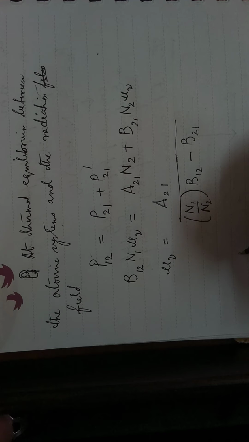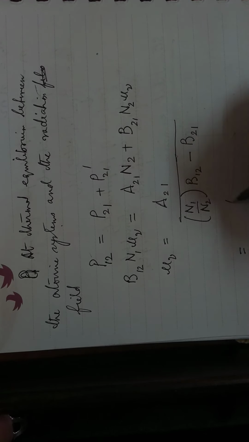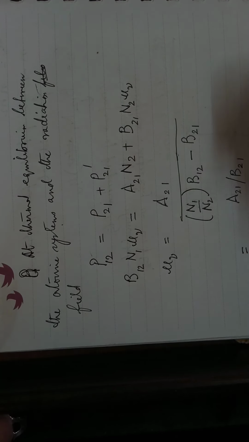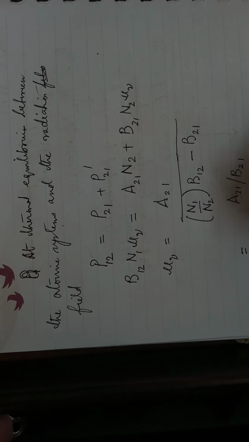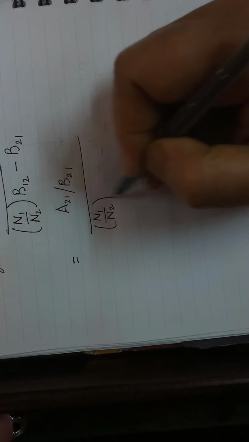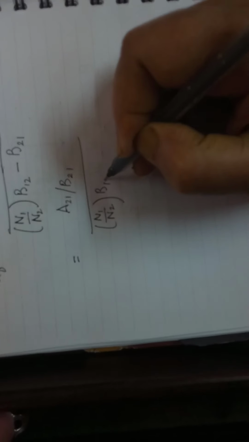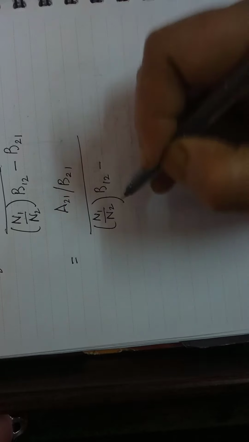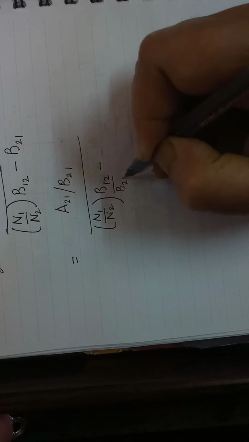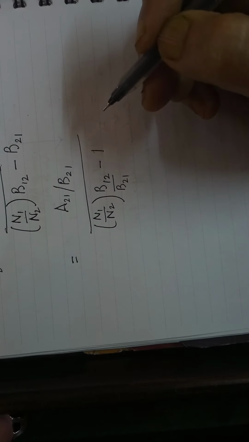And this you can further write as A21 by B21 divided by N1 by N2 into B12 by B21 minus 1. You can write it in this manner.